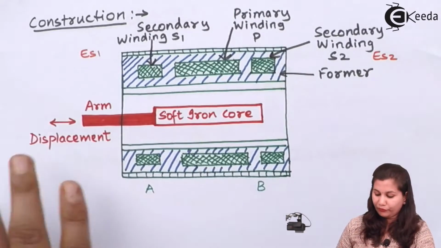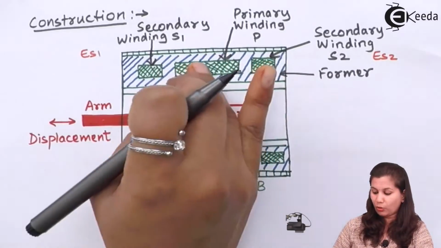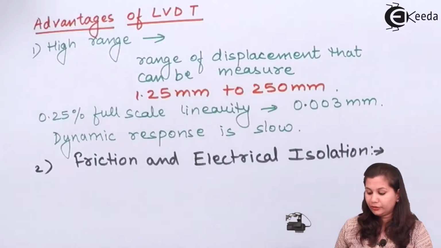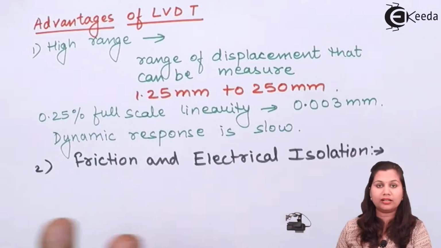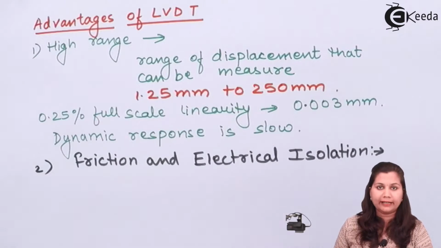Also there are no moving parts, and no physical contact between the coils and the iron core. Due to that, no friction is produced, and there is also electrical isolation between the core and the coils of the LVDT.